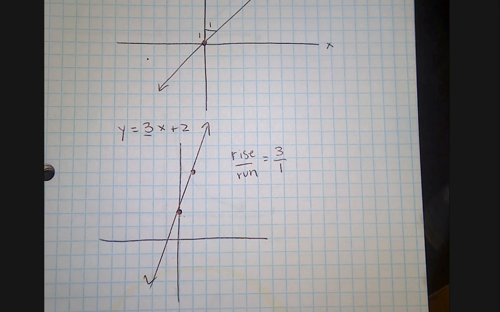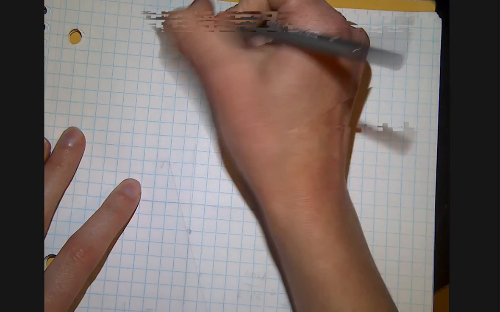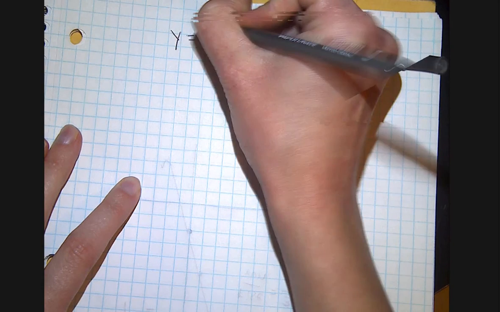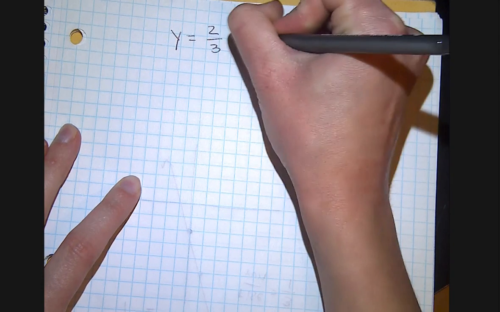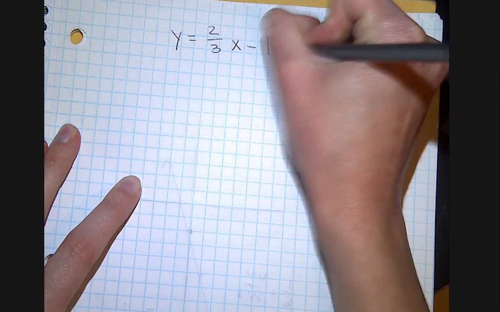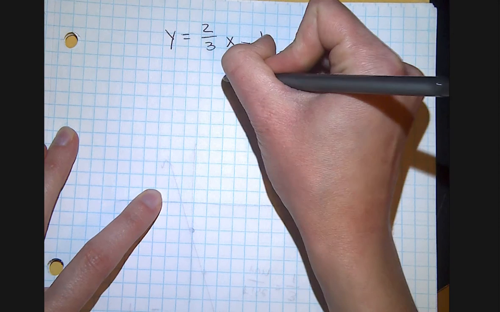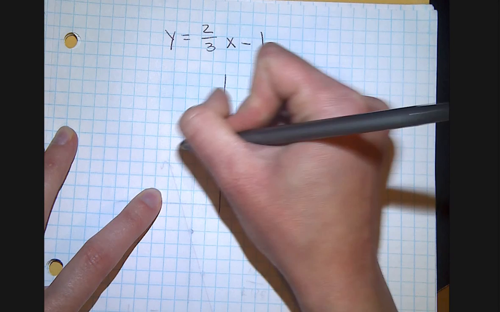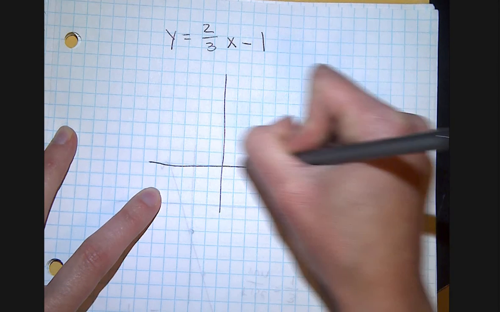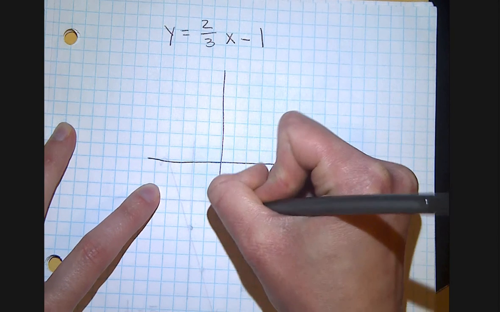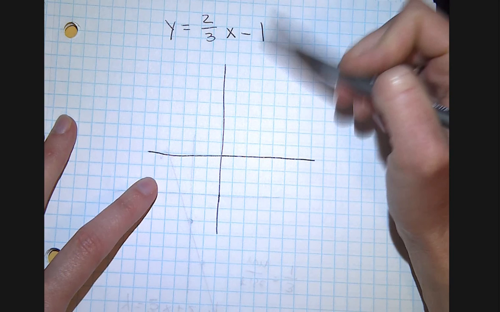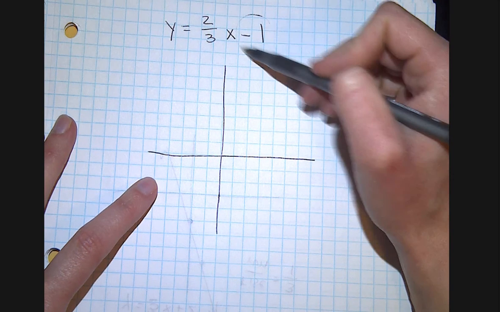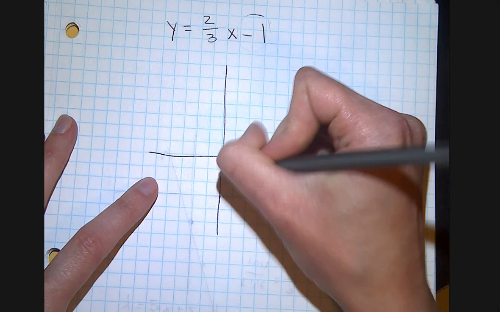So let's look at another one. If I have y equals 2/3 x minus 1, I'm going to draw my x and y axis, and the first thing I do is plot my y-intercept, which here is not +1, it's -1.